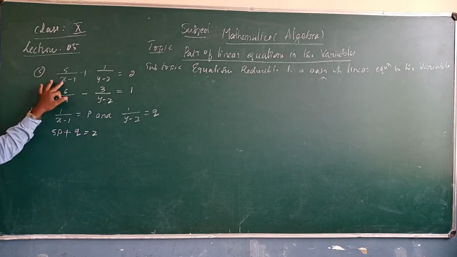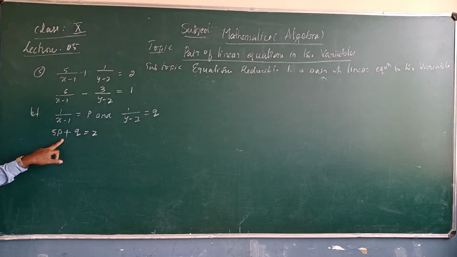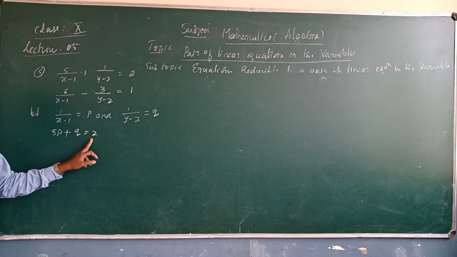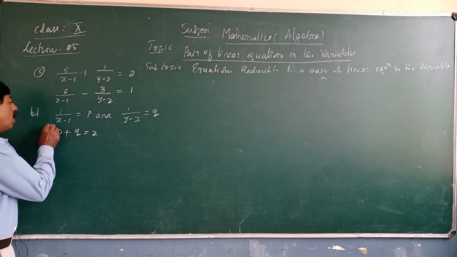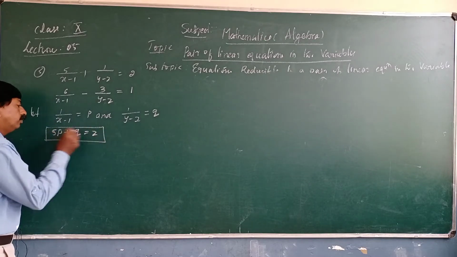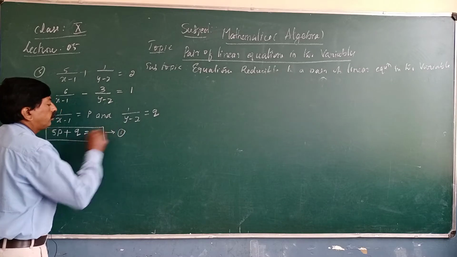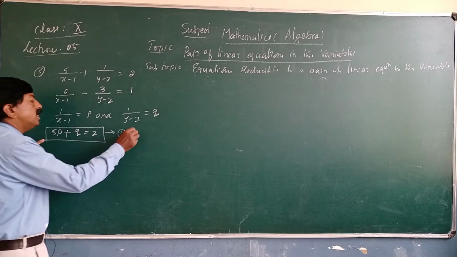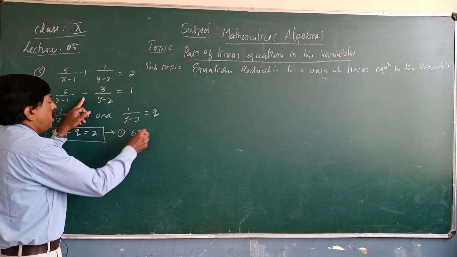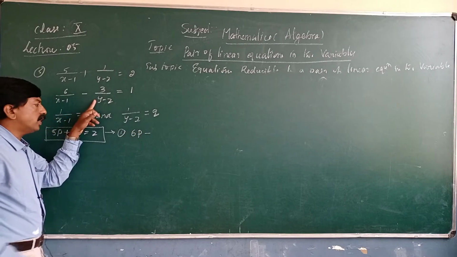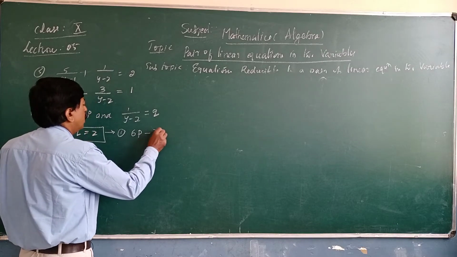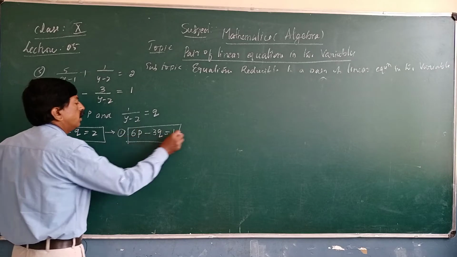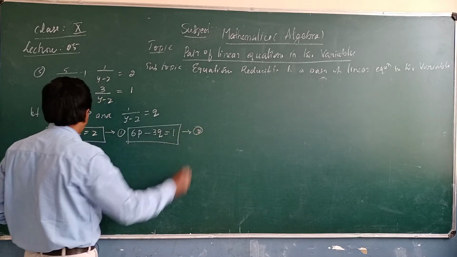Call this equation 1. Second one, 6 divided by x minus 1 can be written as 6p, minus 3 divided by y minus 2 can be written as 3q, is equal to 1. Call this equation 2.